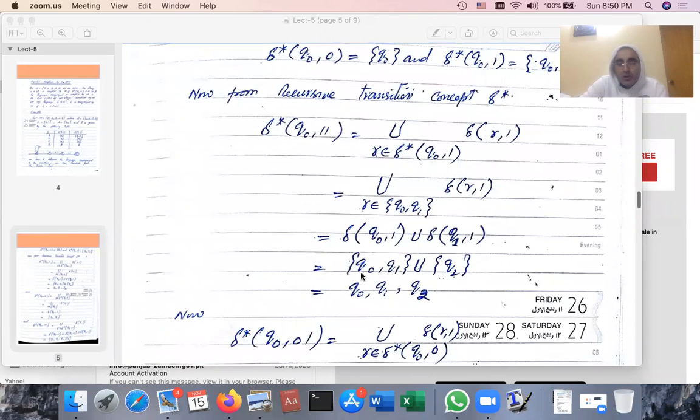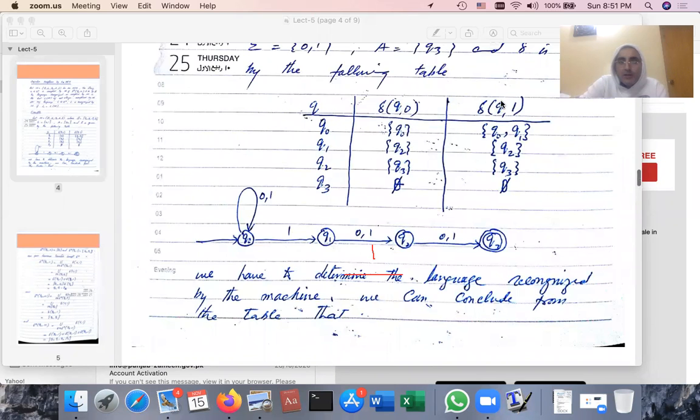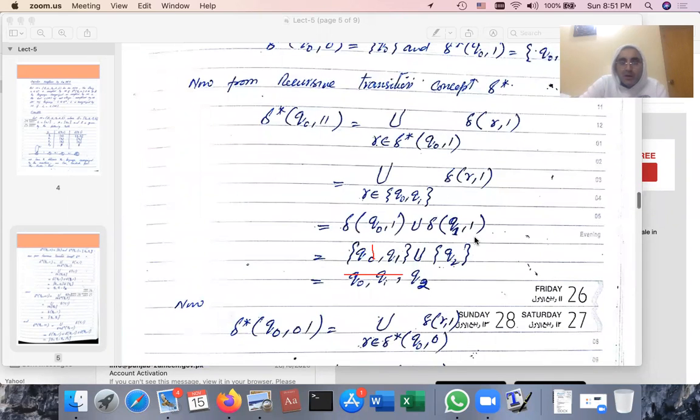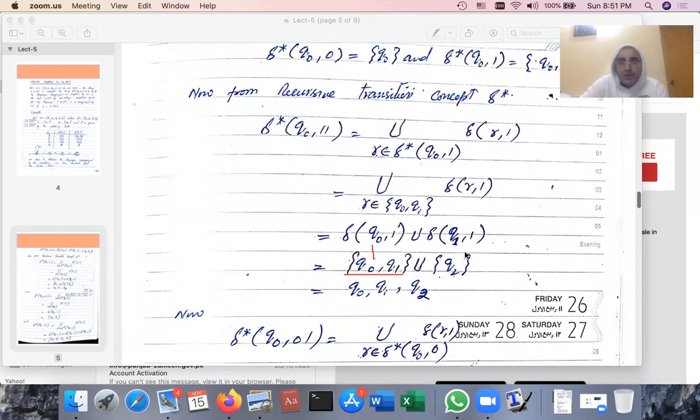So Q0 and Q1, and then at Q1 and input symbol 1, where will I reach? You can see it from the table, Q1 and then 1. This is Q2 only. So Q1 and 1, this is Q2.